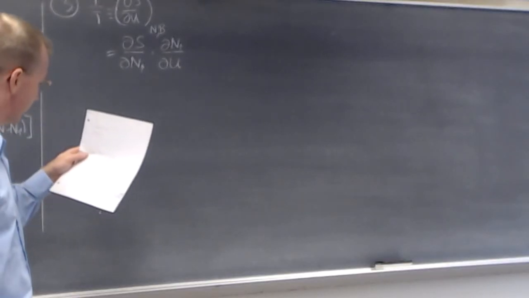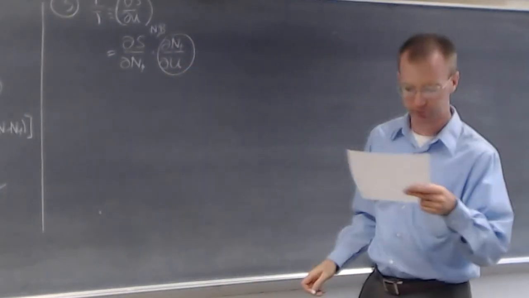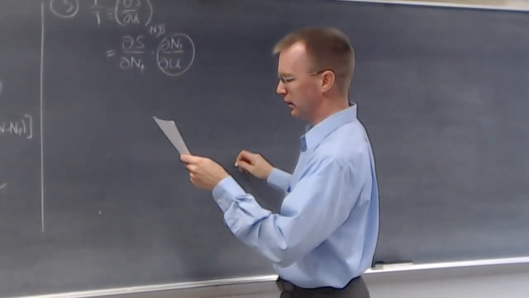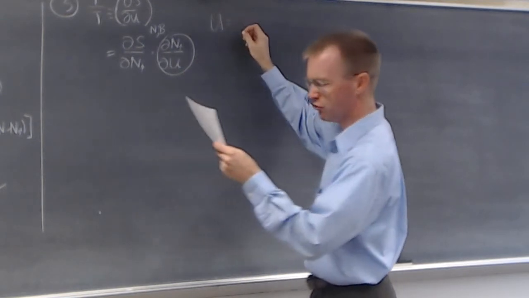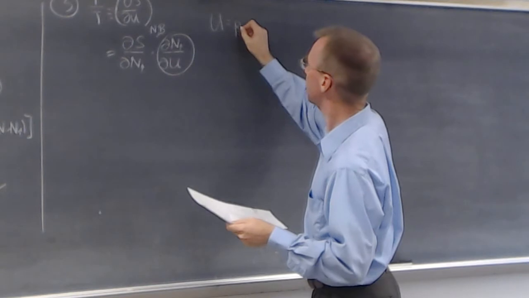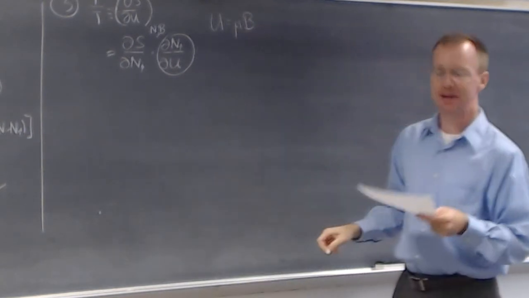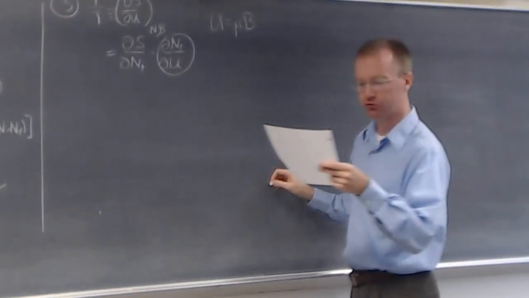All right, let's see here. Let me get this one first. All right, so we're calling that u equals mu B times n minus 2n up.